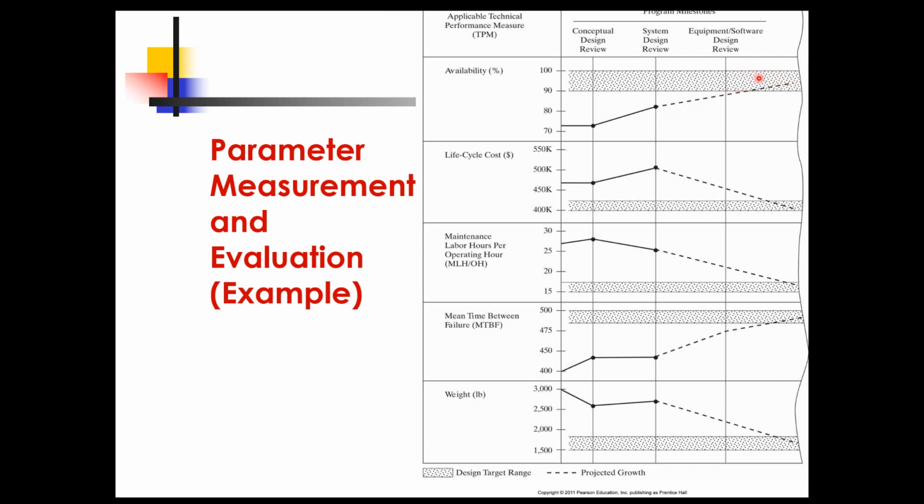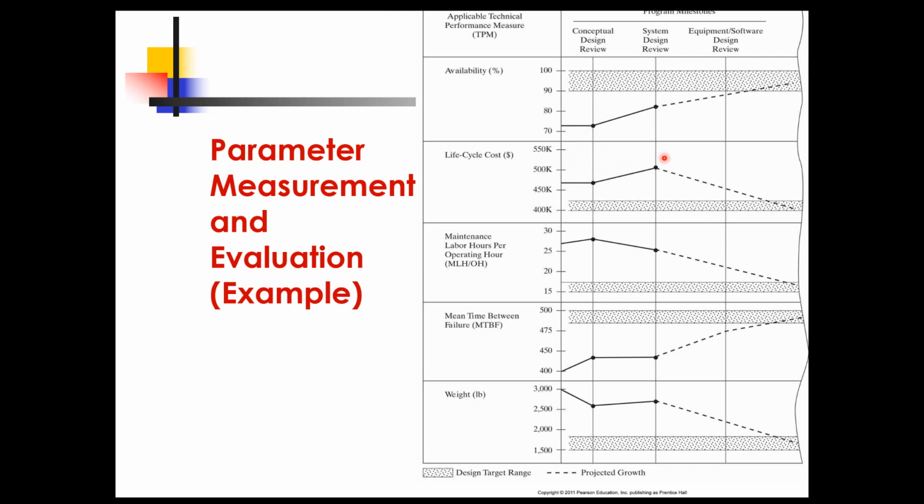But it may be that from what you can model and the data that you can gather early in the design cycle, you know that you may be out of the target, but this allows you to look at the trend. And the idea is, are you converging or are you diverging?